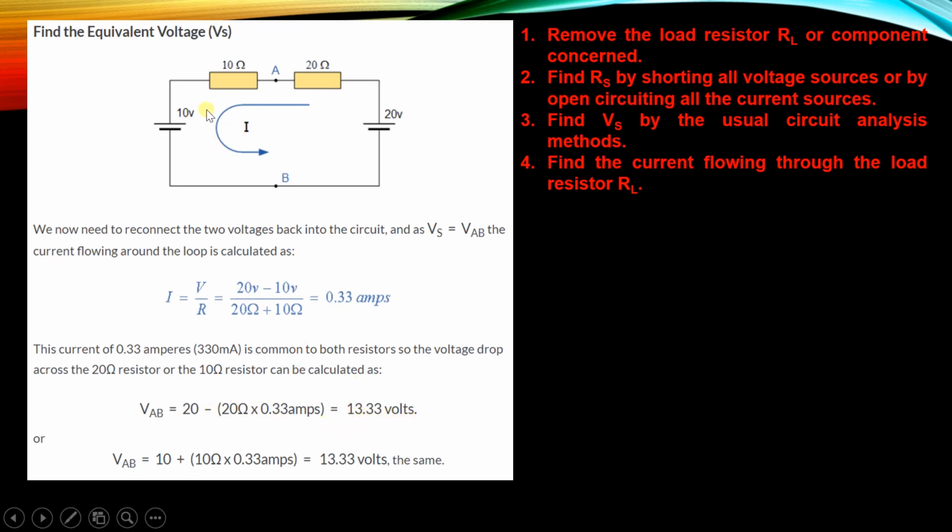Similarly, if we find the voltage drop with the 10 ohm resistance, we consider 10 volts plus 10 ohm into 0.33 ampere, and this is again 13.33 volts. So the voltage across both resistances is the same.